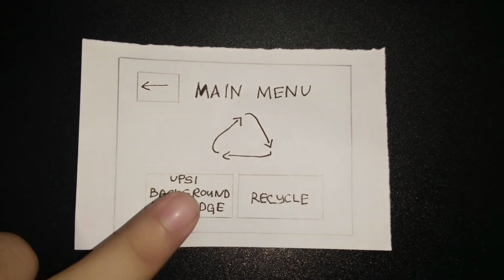So at our main menu page, as you can see, we are using simple icons and graphical representation, which enable the users to readily distinguish their meaning. For example, if the user wants to choose the UPSI background knowledge, you just touch the UPSI background knowledge.